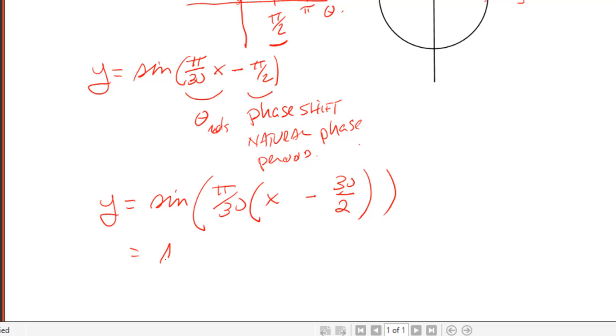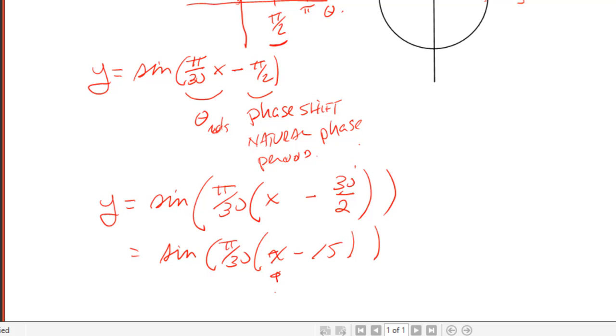And when I clean this up, you can always multiply to make sure that I'm getting what I start off with, which is pi over 2 right here. But when I clean this up, voila, 15. Wait a minute, 15 what?